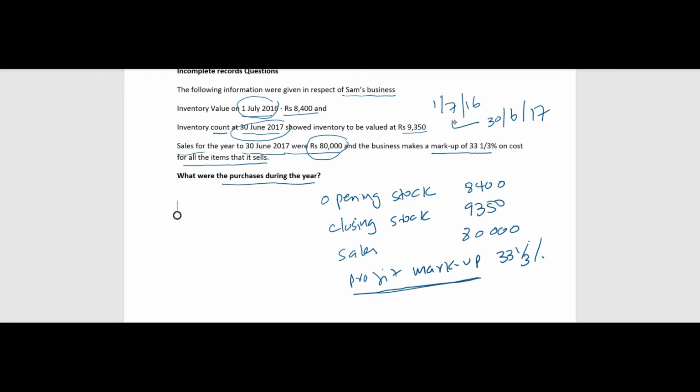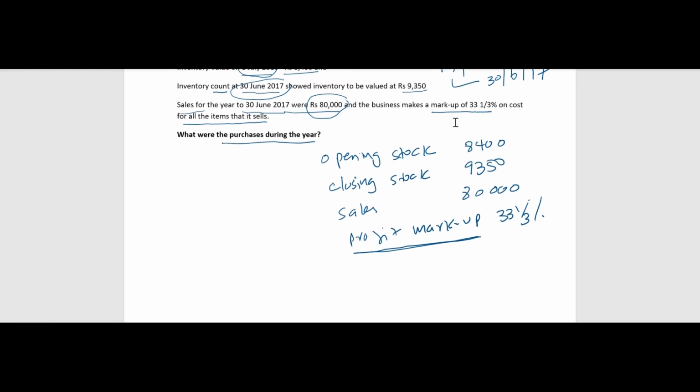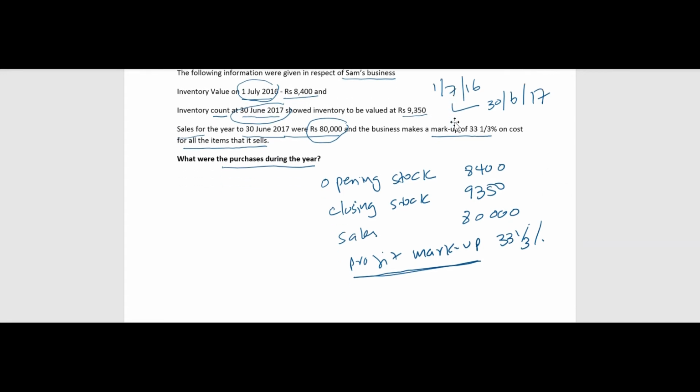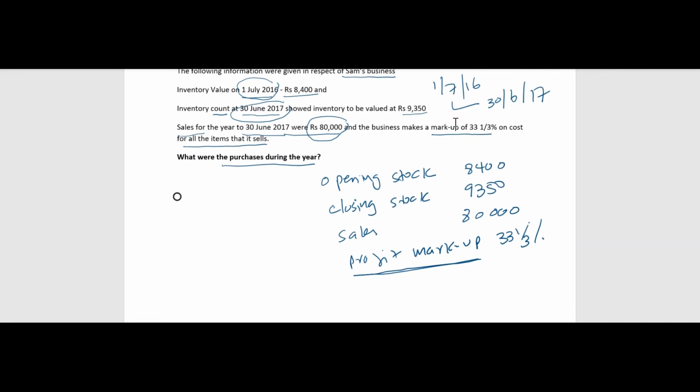If you want to watch that video, I have given the link above. You can watch it to get a better understanding, then come back to this question after understanding markup and profit margin.